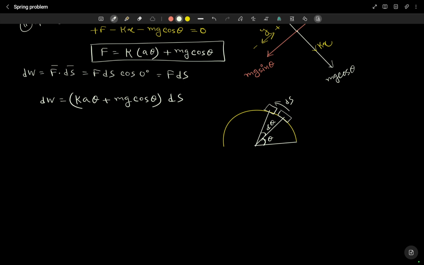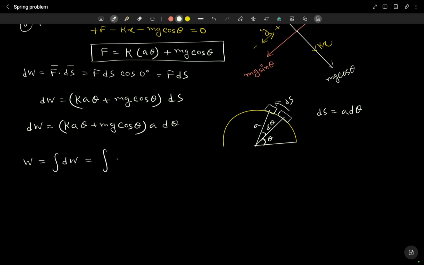So we can see that ds is equal to a d theta. So we can substitute that: dW is equal to (k a theta plus mg cos theta) a d theta. Now if we integrate, W is equal to the integration of dW.